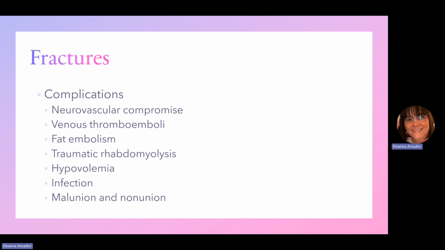It says traumatic rhabdomyolysis, so compression and tissue ischemia happening, then myoglobin spilling into the circulation. And as you know, when that rhabdo happens and that myoglobin spills over, it clogs the nephrons of the kidneys, and they go into renal failure, acute tubular necrosis, so ATN, and renal failure. And then hypovolemia speaks for itself because of the blood loss, and infection, especially if it's open fractures.